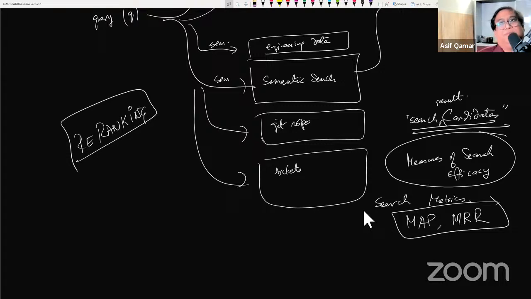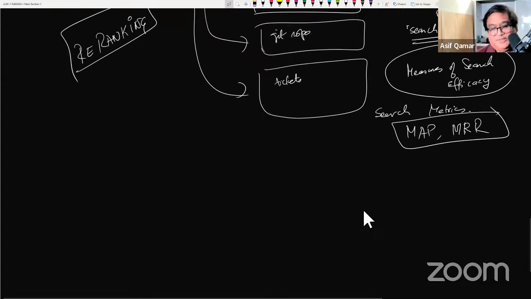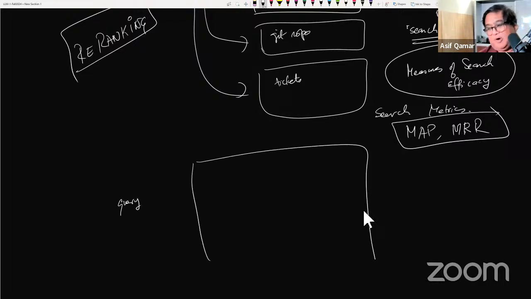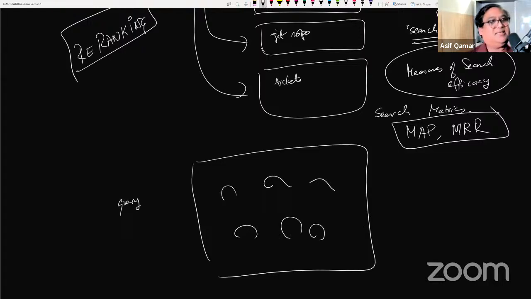But assume for the time being, and I'll park this for a bit, that you know which metric you're using. Then what is the job of your re-ranker? The job of the re-ranker is, given a query and given this big black box in which all this magic is happening, what does the end user see? They sent in a query, they got back results.